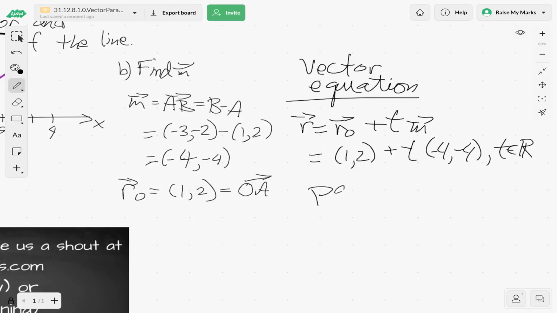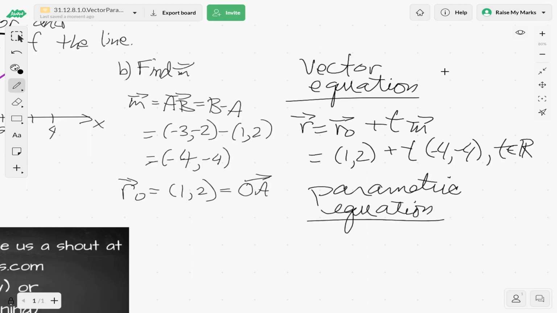How about parametric form? In this case, we just take the coordinates of our vector form. So x equals 1 minus 4t, y equals 2 minus 4t, and t is any real number.